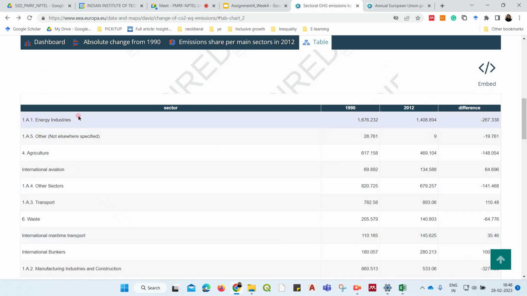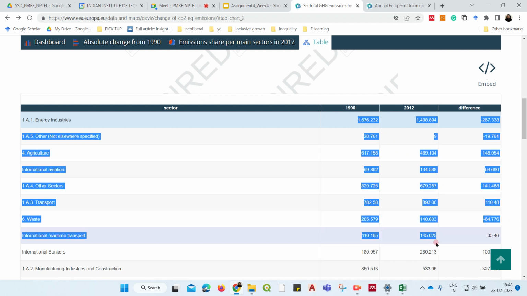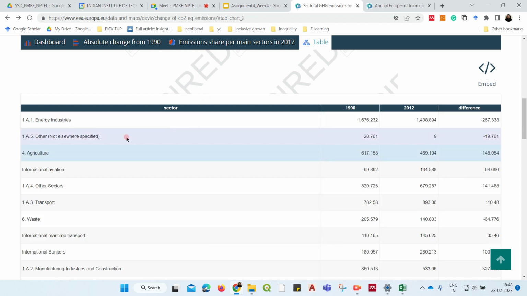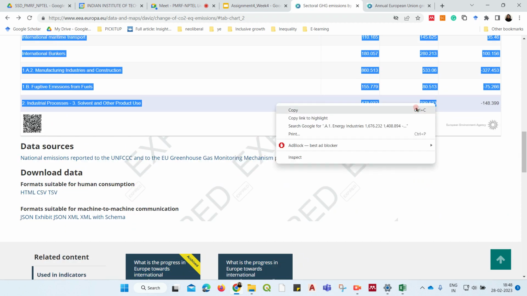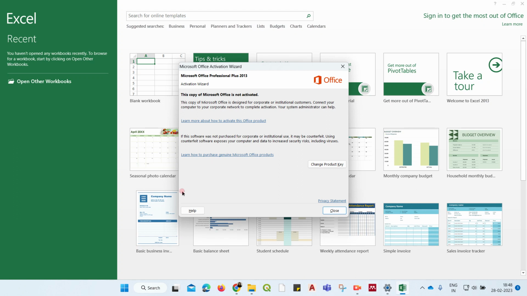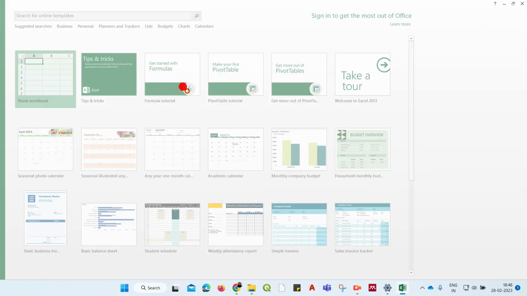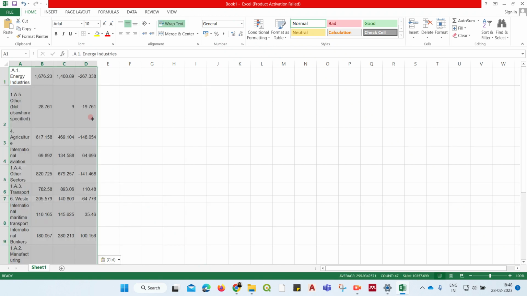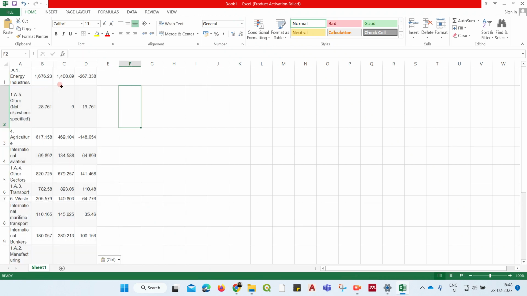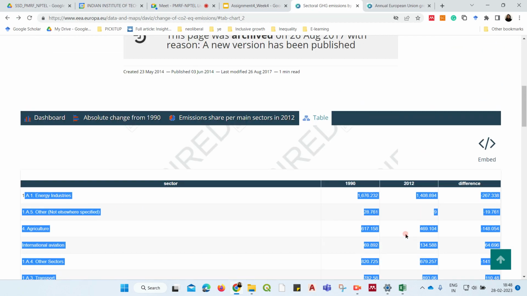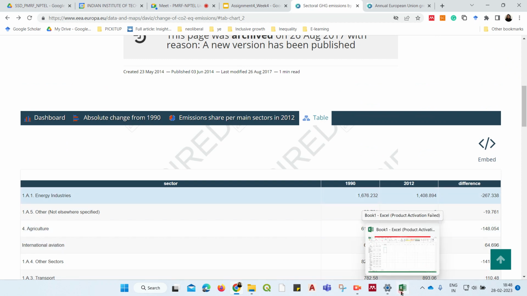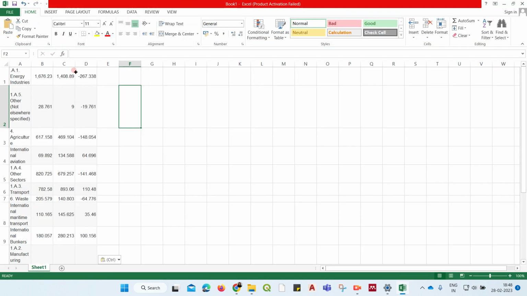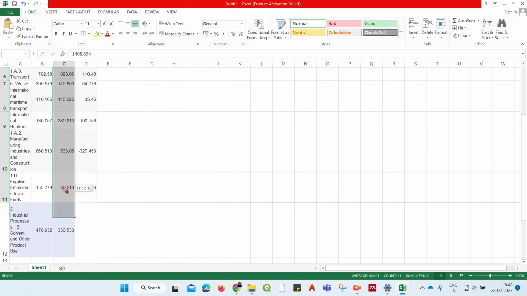So we'll just copy this and paste it into Excel. I hope everyone can see. And these are the ones which are 2012, and the question specifically asks for 2012. So we'll add these numbers.